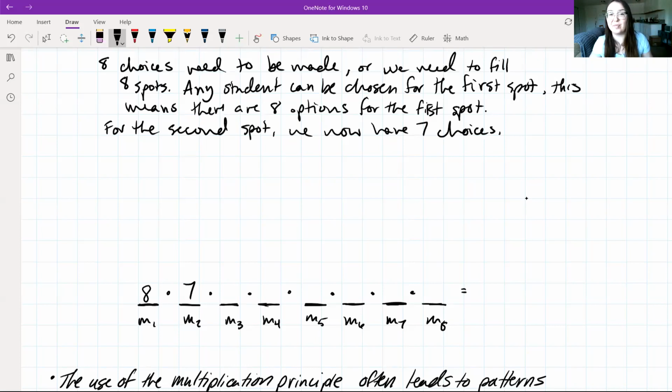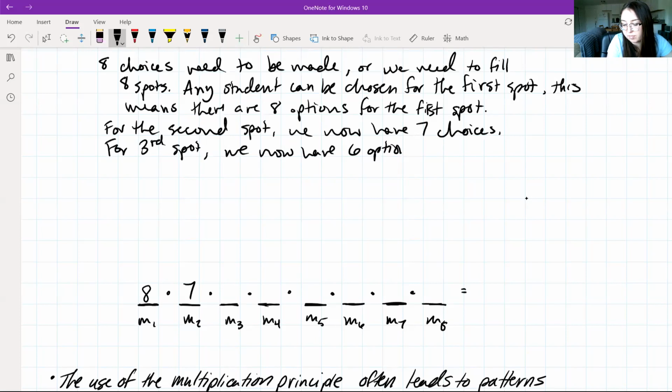So then, as you could have guessed, for our third spot, 2 of our students would have already been picked, so now we have 6 options. So for the third spot, we now have 6 options.